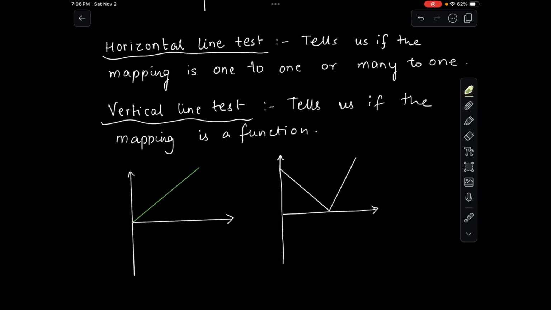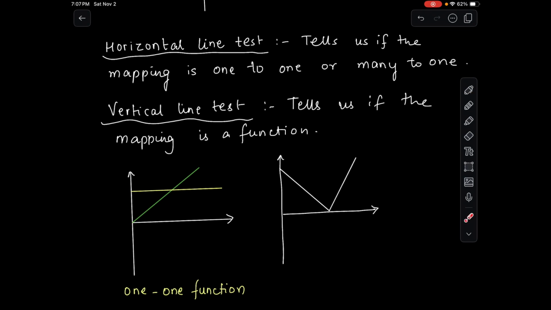If I draw a horizontal line here on this graph, you can see that the horizontal line cuts only at one point. That means this is a one-to-one function. And also we know that it is a function because if I draw a vertical line, it is going to cut only at one place. That means it is a function.